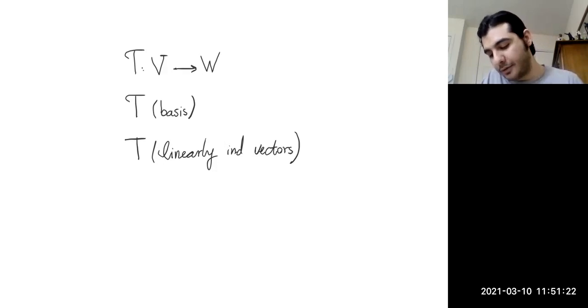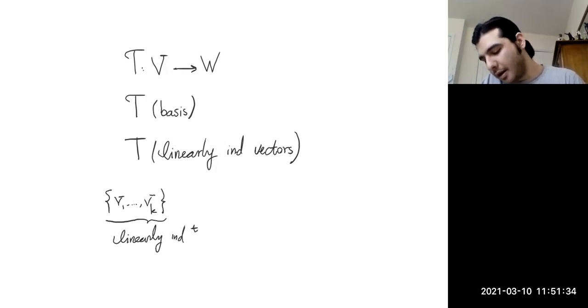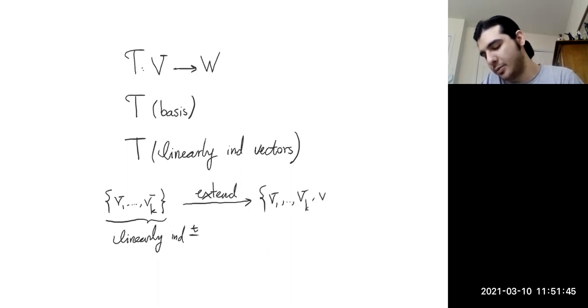Whenever you have a few vectors, v1 up to vk, which are linearly independent, it's always possible to extend them to a basis for your vector space, v1 up to vk, and then vk+1 up to some vn, where this new list is a basis.